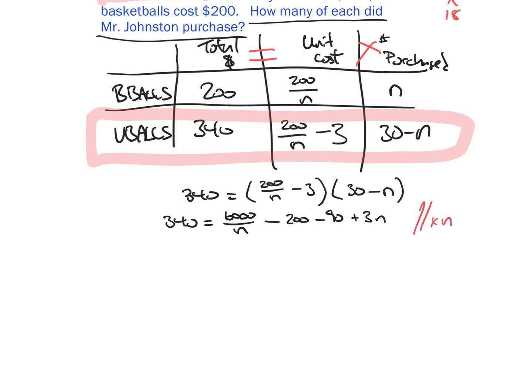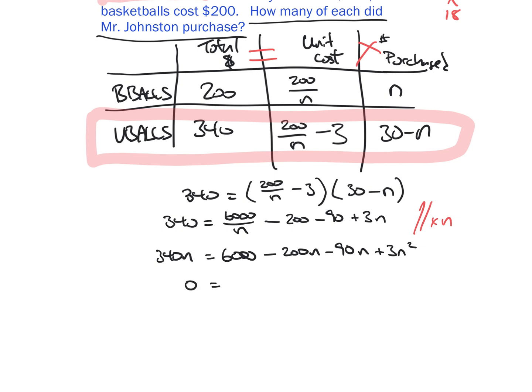And then we're going to multiply everything by N. So that's 340N equals 6,000 minus 200N minus 90N plus 3N squared.